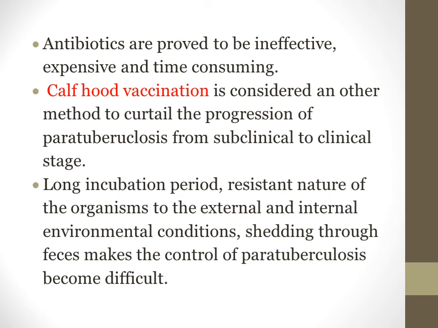Calf is highly susceptible. The infection is very chronic, and at a later stage, the subclinical infection becomes a clinical case. So if calf vaccination is done, then the progression will be limited from subclinical to the clinical stage.